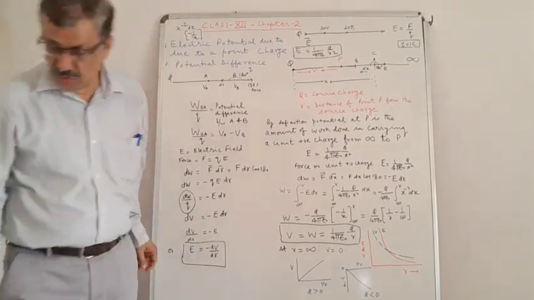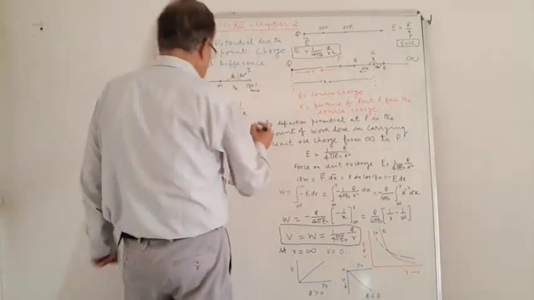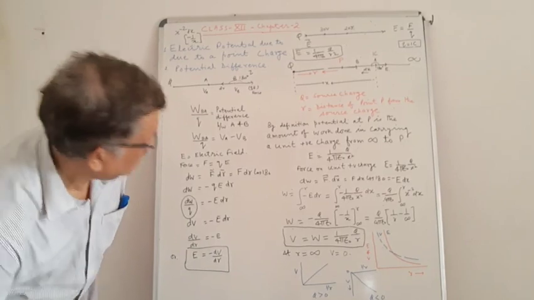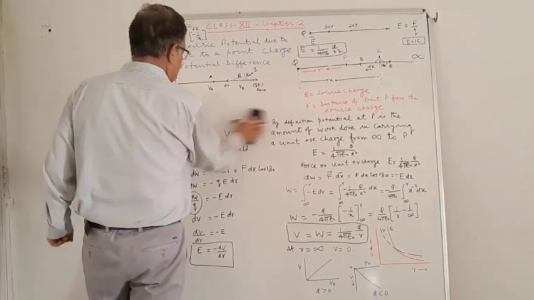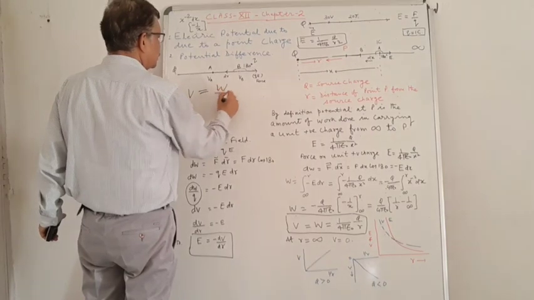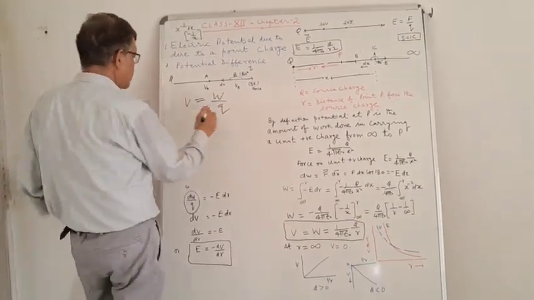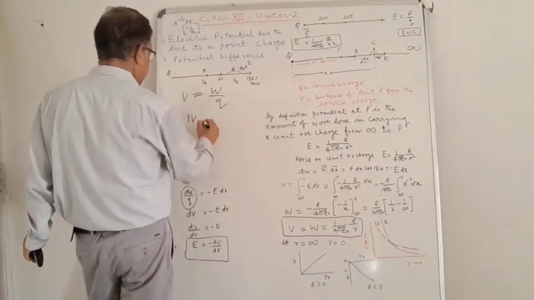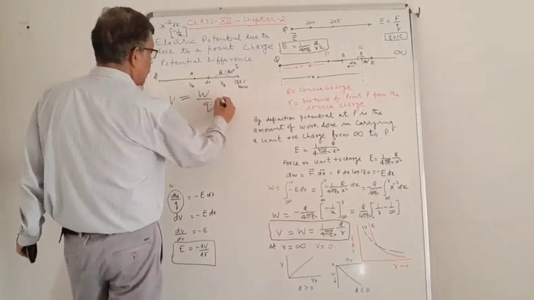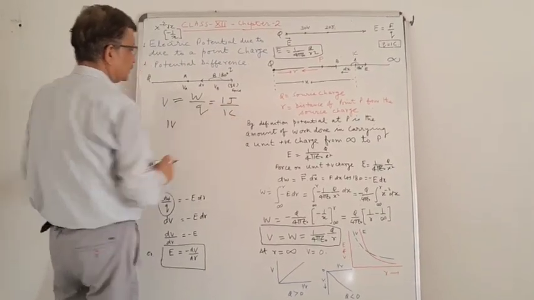Now the SI unit of potential is the volt. Basically V is equal to W by Q. So here 1 volt is equal to 1 joule by 1 coulomb.